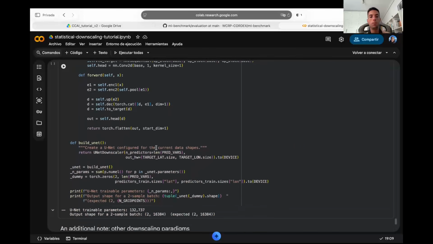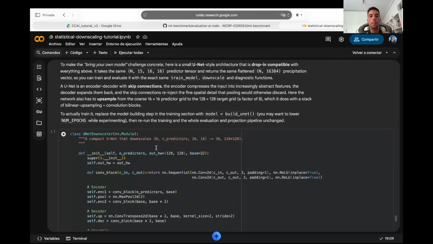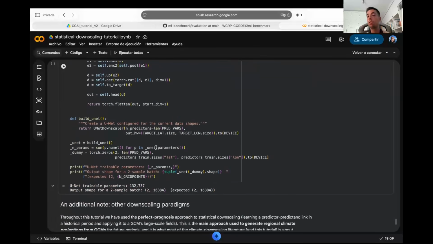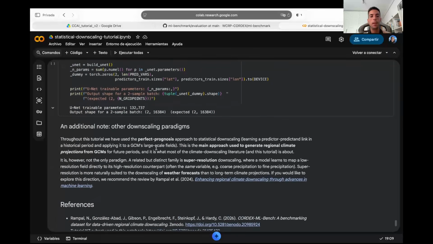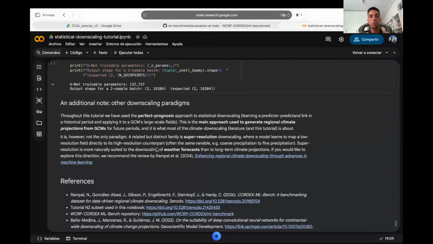If you take this PyTorch class and put it where we have the DPSD class, it should work and you should be able to generate projections with a different deep learning architecture. And if you are familiar with PyTorch, it's easy to play with this function and try different models. You have some references at the end of the notebook in case you want to go deeper into deep learning for statistical downscaling.